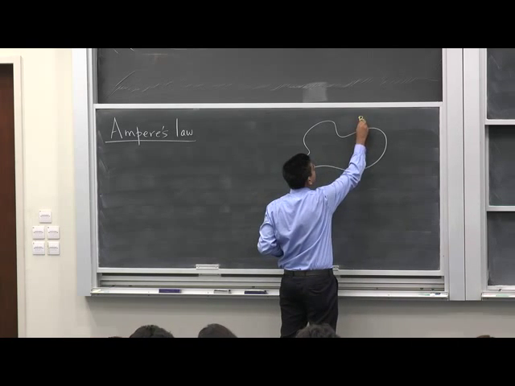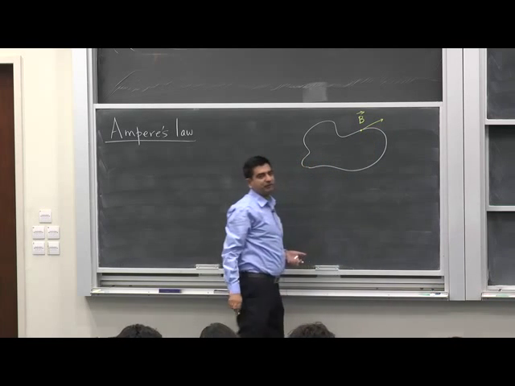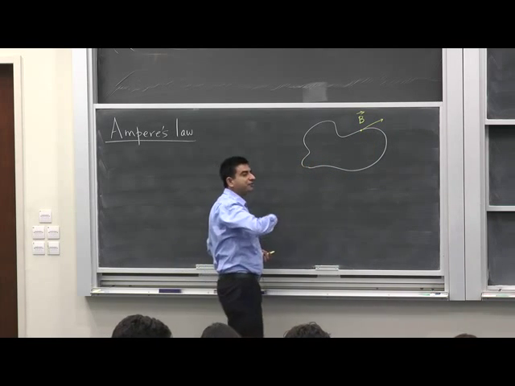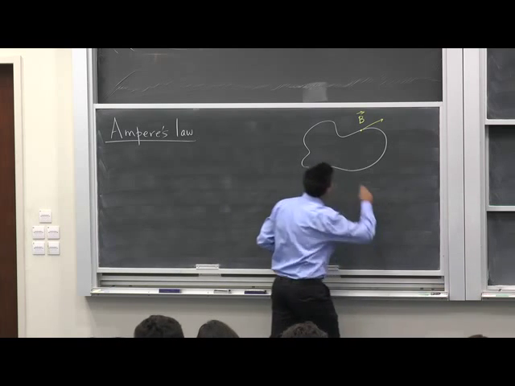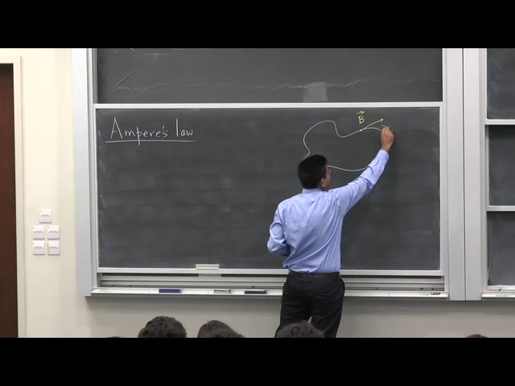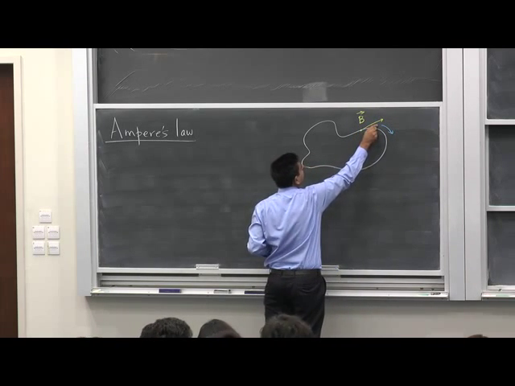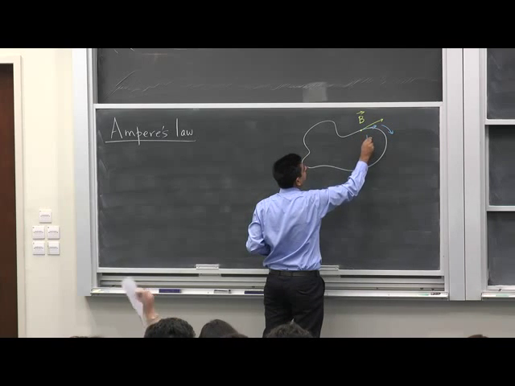B, whatever the direction of the magnetic field is, and if I'm traversing this loop in a clockwise fashion, I can break up this path into small infinitesimal trajectories dl.